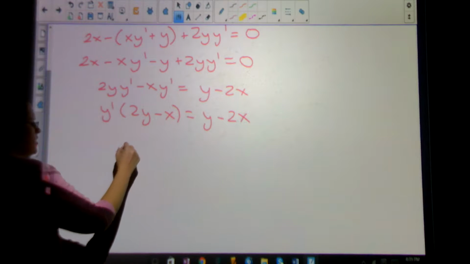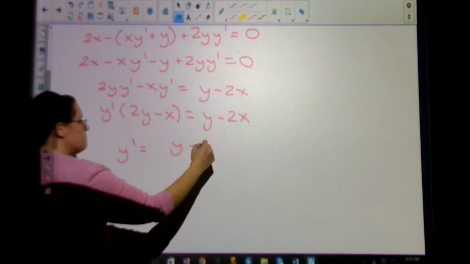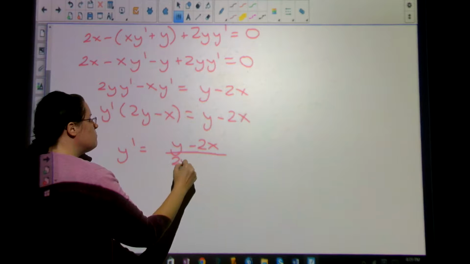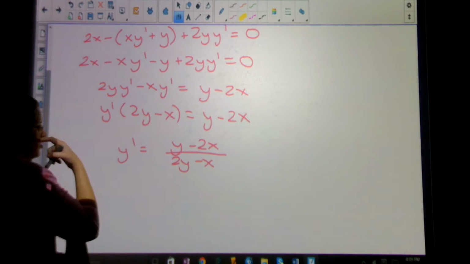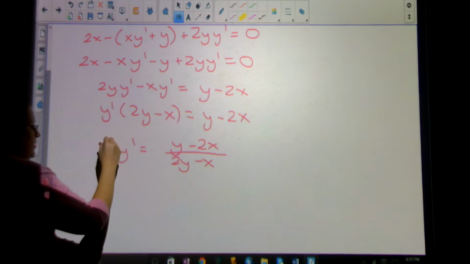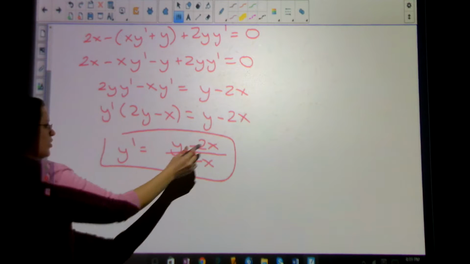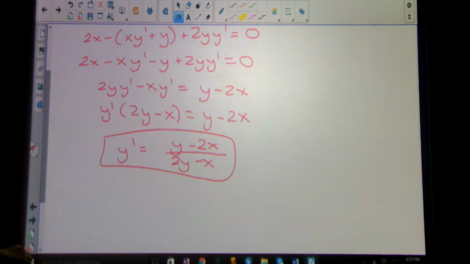Divide by that junk. And last, make sure you can't reduce. There's nothing they have in common. Don't you dare try to reduce any of those x's or y's or the 2's. There's subtraction going on there.